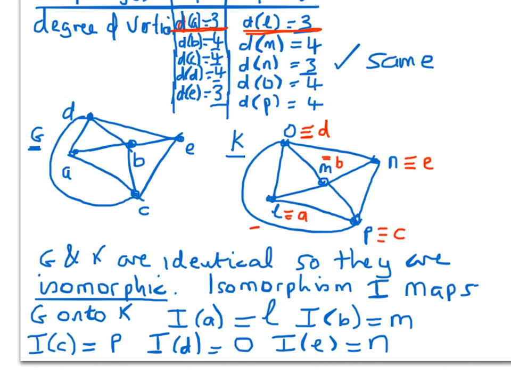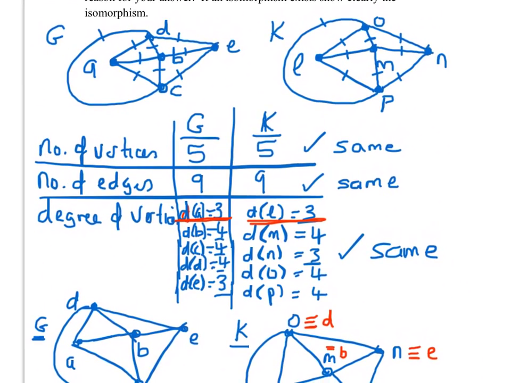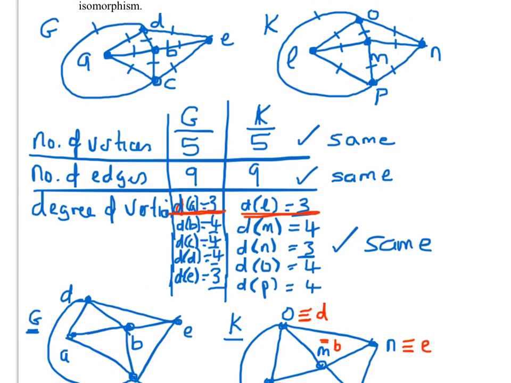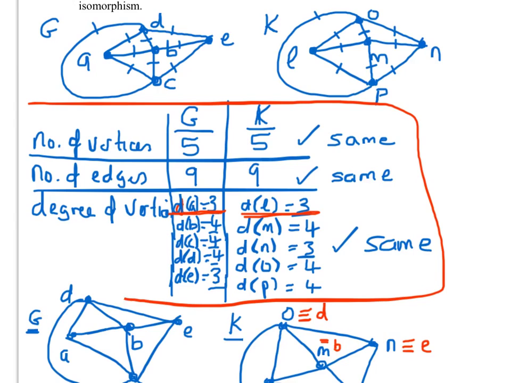So to recap on this, two graphs are isomorphic if they're essentially identical to each other. They may be drawn and labelled in different ways, but essentially they're the same structure. So if I move up here just to recap for you, I would do out this table. I think it would be very helpful in this sort of question to check if two graphs are isomorphic or not.